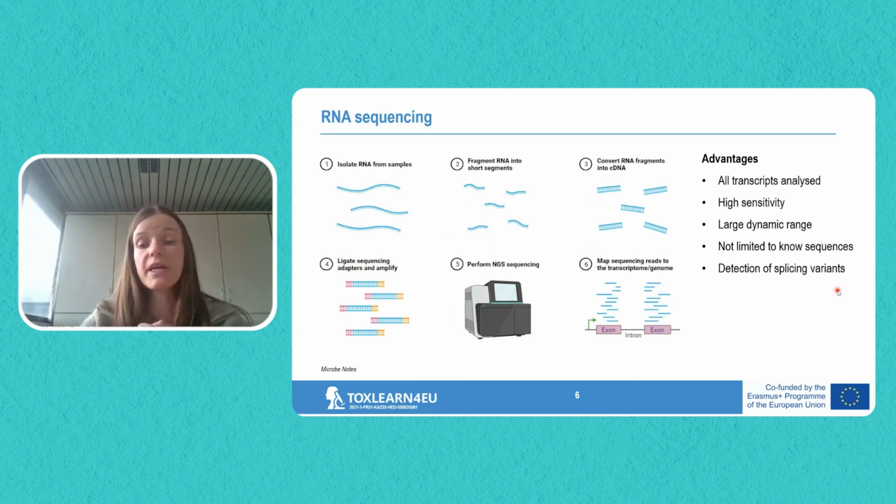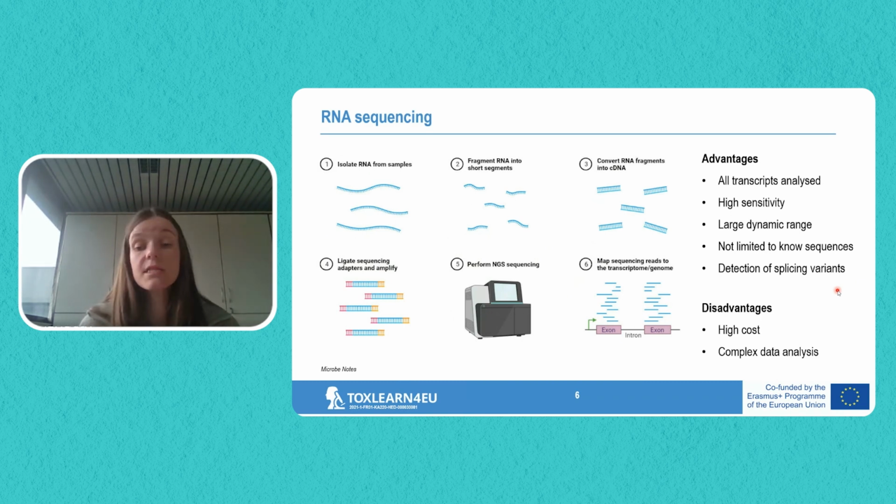And then you can look back at your data from an RNA sequencing experiment that you, for example, performed several years ago, and you can still have a look at the expression of that specific gene. And another advantage of RNA sequencing is that it also allows to detect splicing variants. So you can also check whether exposure to a certain compound affects the expression of specific splicing variants of a certain gene.